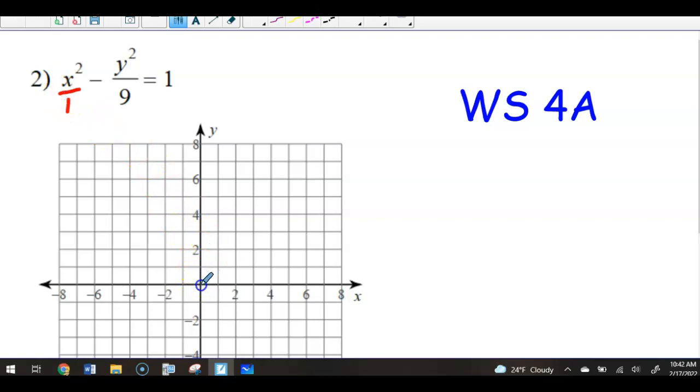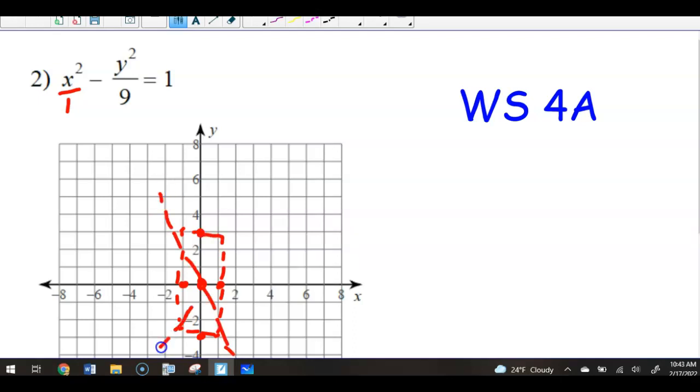We have 0, 0 as the center. It's going out 1 in either direction on the x. It's going up 3 in either direction on the y. You draw in the rectangle. You draw in the diagonals.